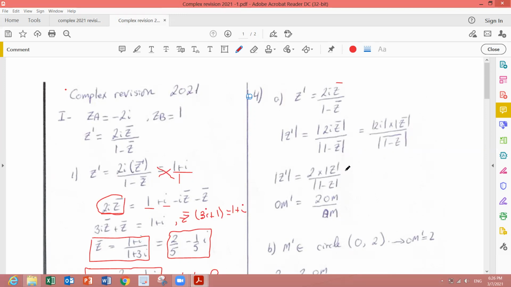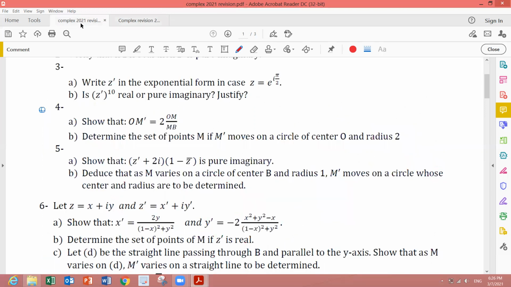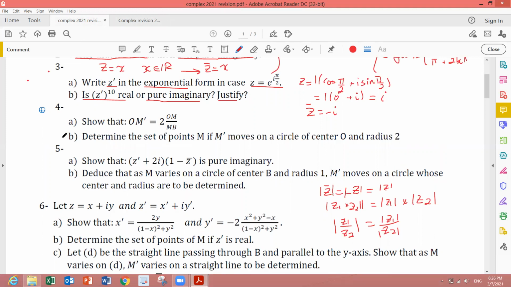I can write it step by step: modulus of z M prime equals 2 times modulus of z M over modulus of z B minus z M. So OM prime equals 2 OM over MB. Now part 4b.